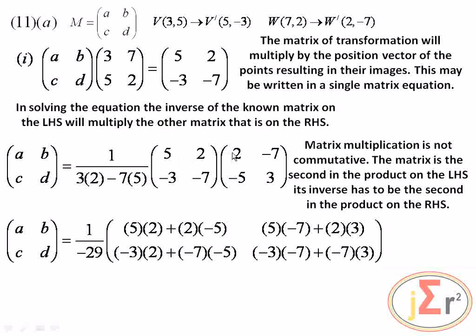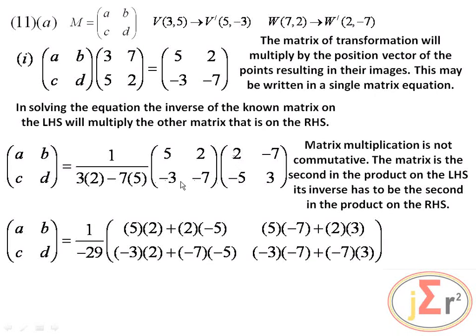Of course, as usual, multiplying row by column. 5, 2, 2, negative 5. Then we have 5, negative 7, 2, 3. Then this row by this column, the lower by the left, the answer goes to the lower left.